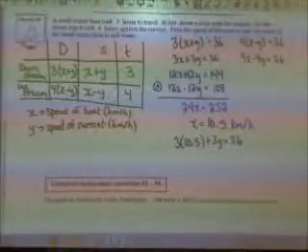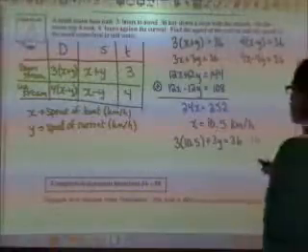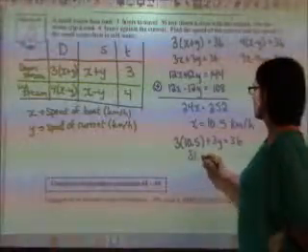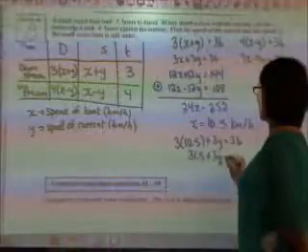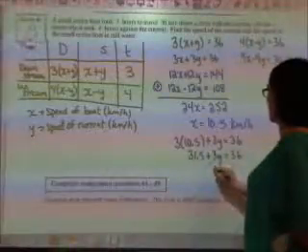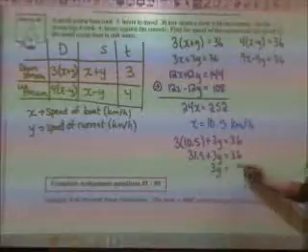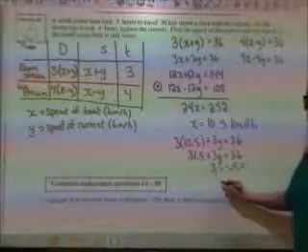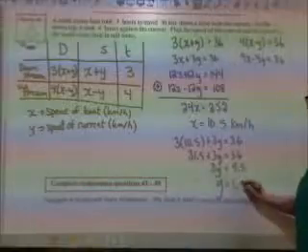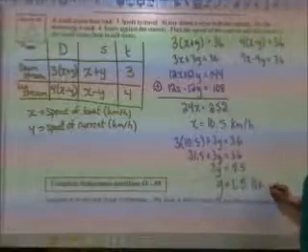What's 3 times 10.5? 31.5 plus 3y equals 36. Subtract 31.5 from each side, and I get 4.5. Divide by 3, and I get 1.5.